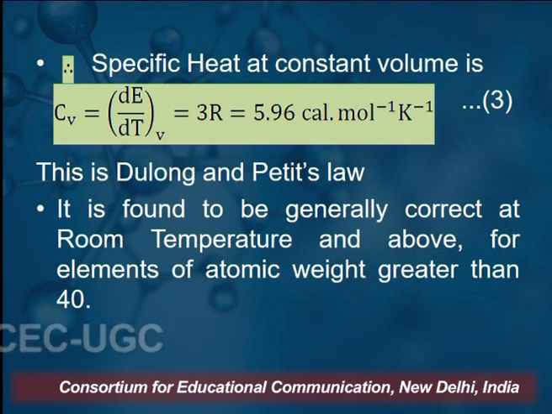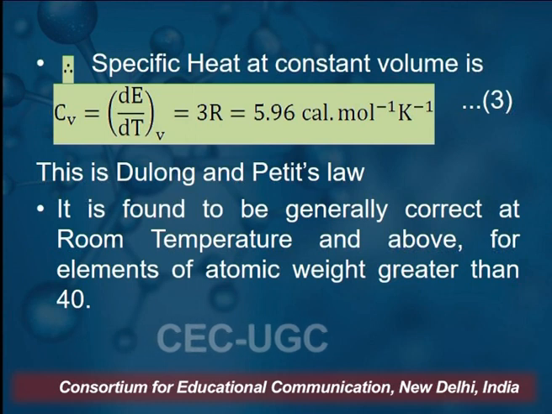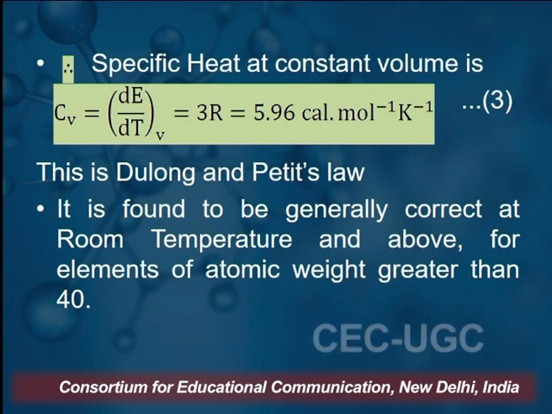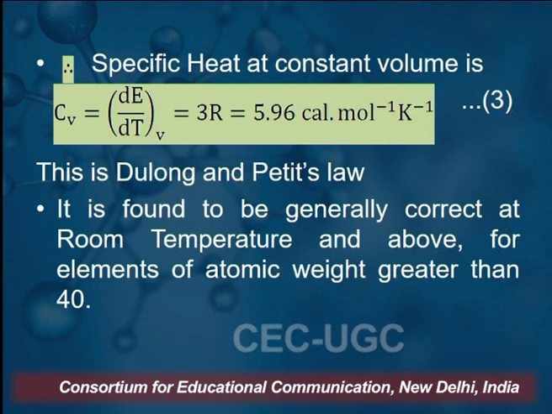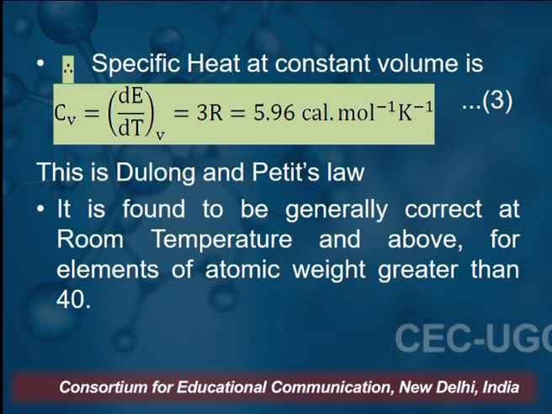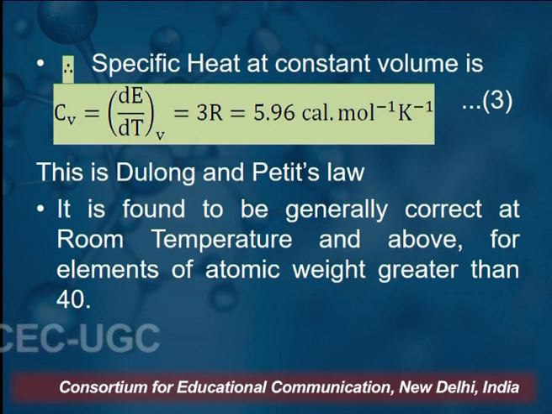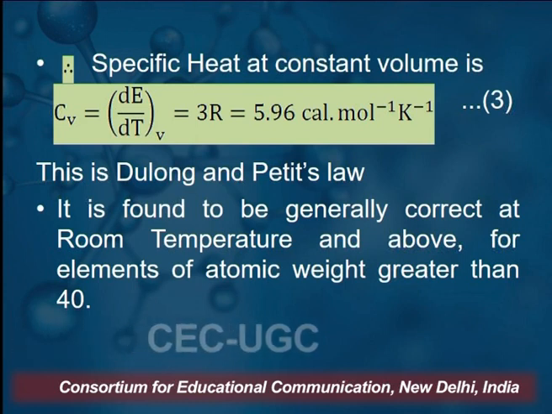According to Dulong-Petit law, that is the classical theory, specific heat is independent of temperature and will remain constant for all temperatures, with a constant value of 3R. This is generally found to be correct at room temperature and above for elements which have an atomic weight greater than 40.